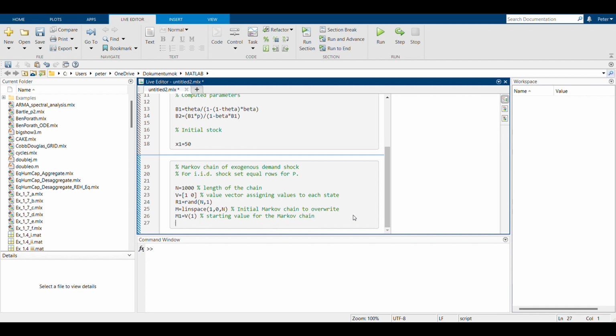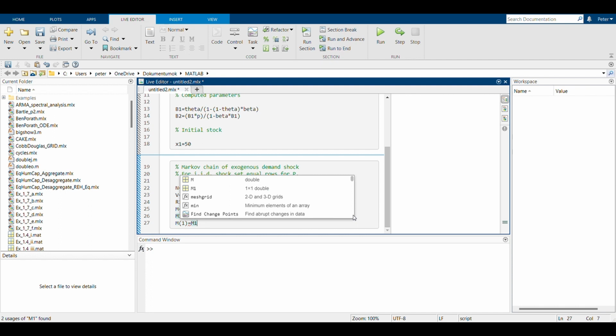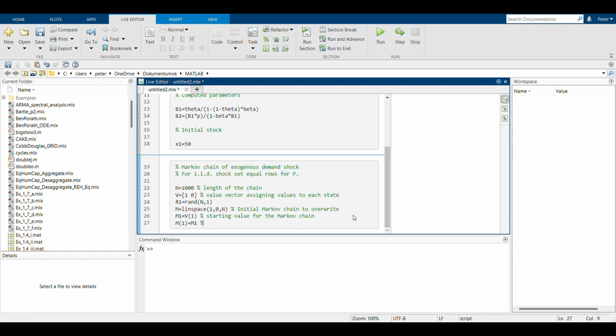And as a next step, we are inputting the starting value into the Markov chain.